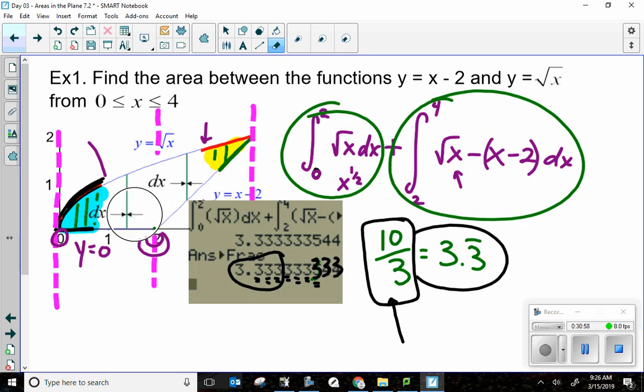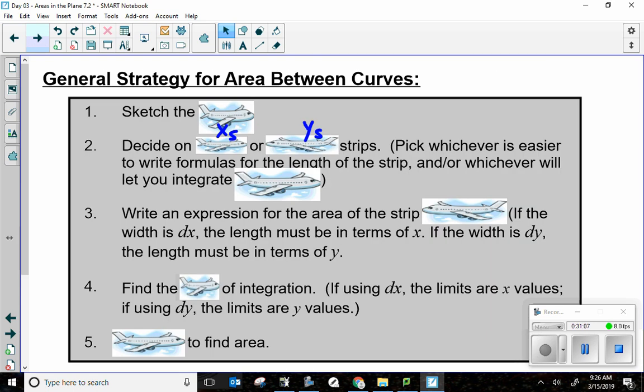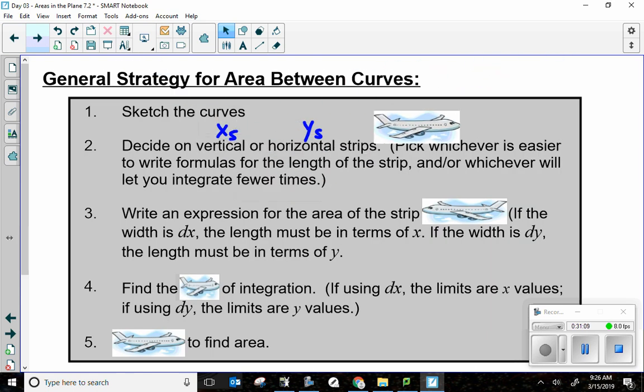If this width is in dx's for these vertical lines, then all these have to be in x's in your integrands. I think it's easier to just think: vertical are your x's, horizontal are your y's. Because step 3 is just reinforcing that.